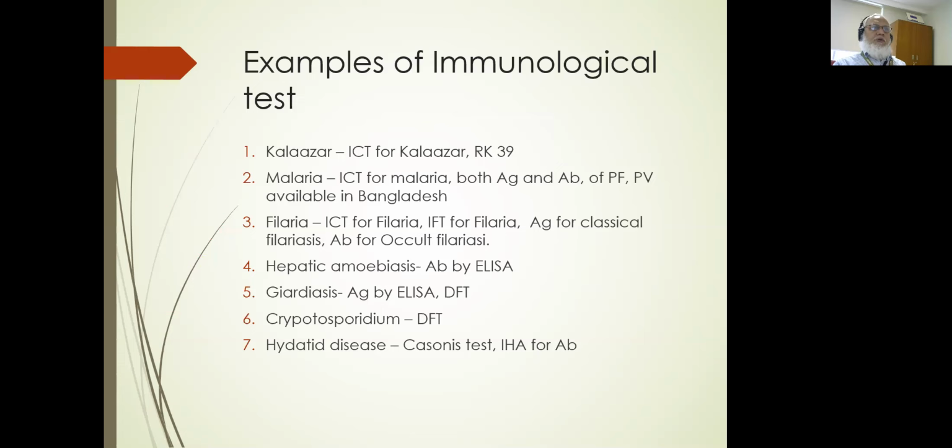For filaria also there are ICTs: filarial antigen for classical filariasis and antibody for occult filariasis. Hepatic amoebiasis can be diagnosed by antibody against Entamoeba. Giardiasis can be diagnosed by antigen detection. Cryptosporidium by direct fluorescent test, hydatid disease by Casoni test, and hemagglutination test for antibody.